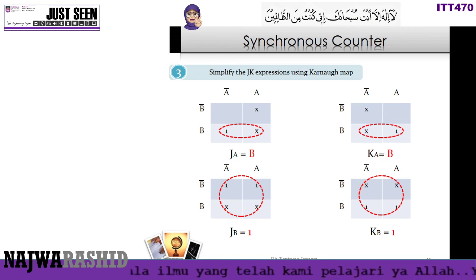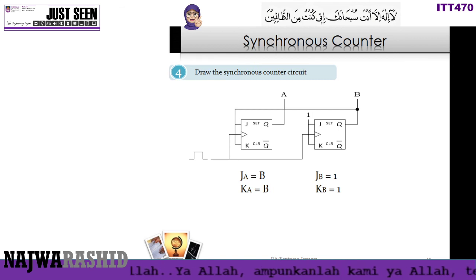Based on these expressions, you need to draw the synchronous counter circuit. When you draw, it's based on how many JK flip-flops you have. You have 2, so you must draw 2 JK flip-flops: 1 JKA, another one is JKB.